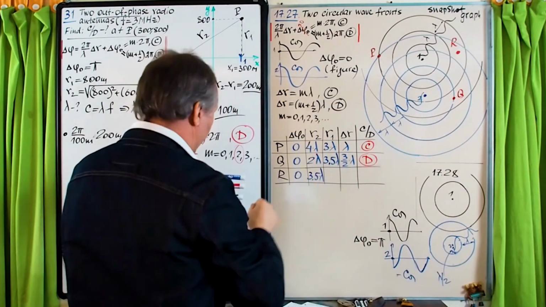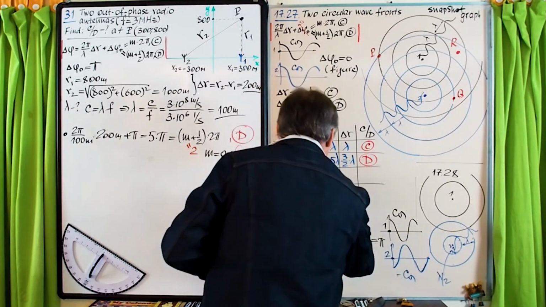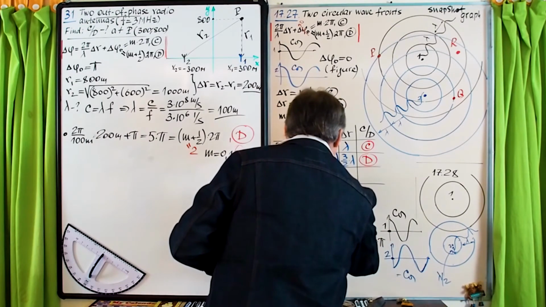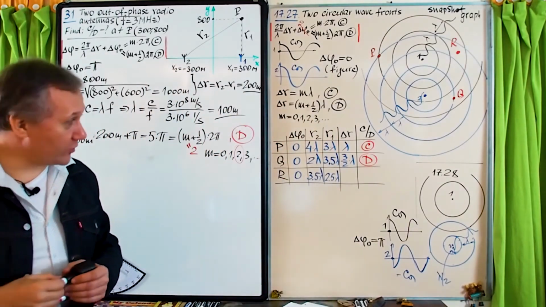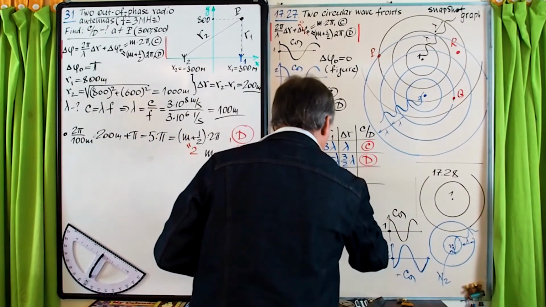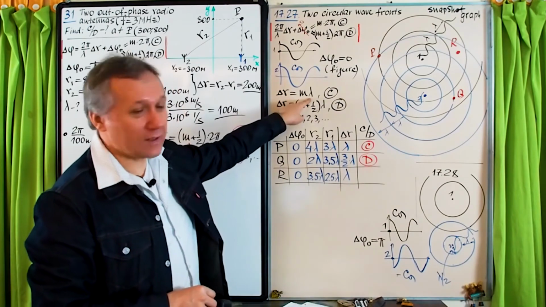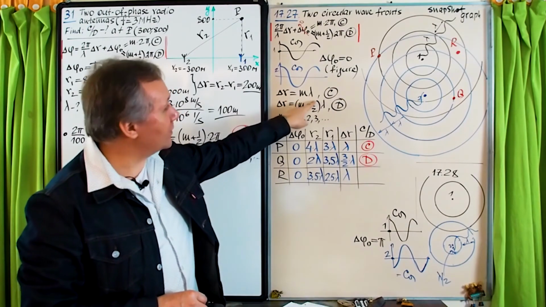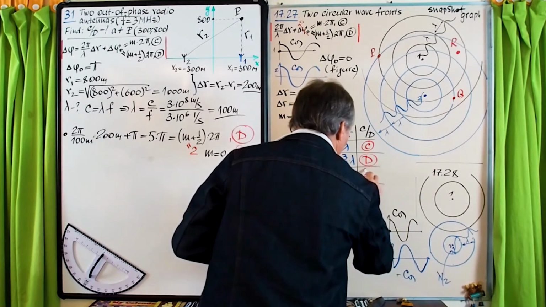So it's 2.5 lambda. Now subtract them: 3.5 minus 2.5 gives lambda, an integer number of lambdas. So we're going to have constructive interference.